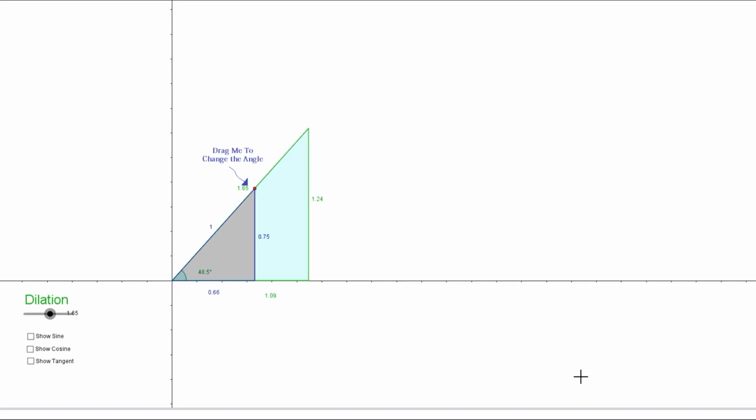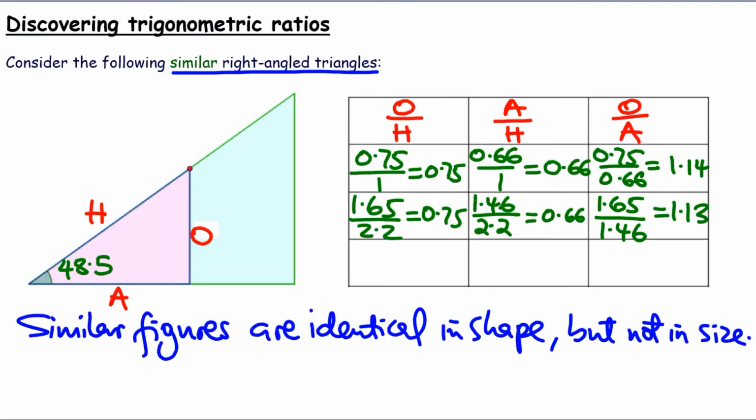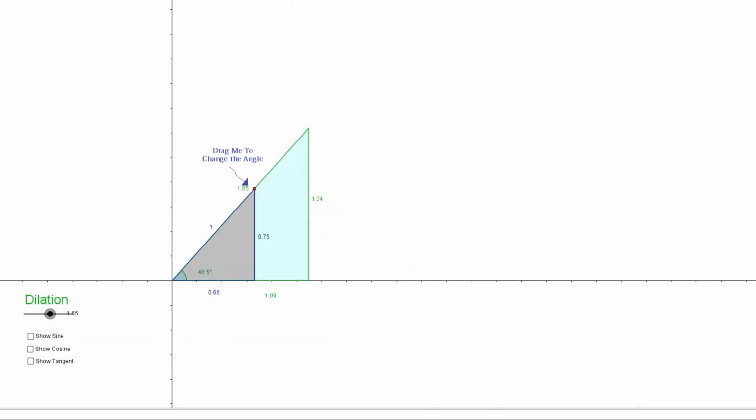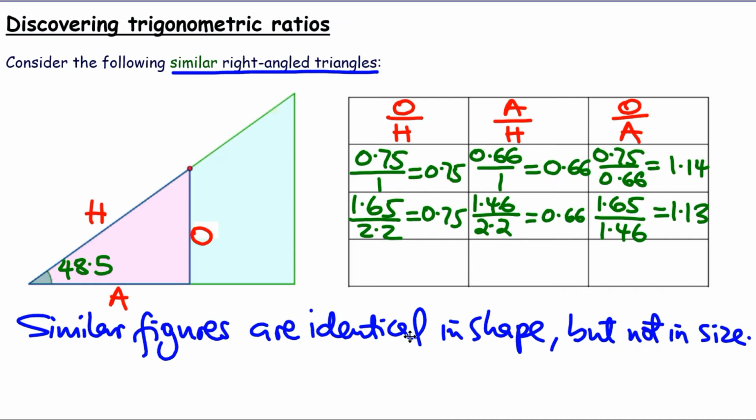Okay. So in this new triangle, my opposite is 1.24 and my hypotenuse is 1.65. So 1.24 divided by 1.65.